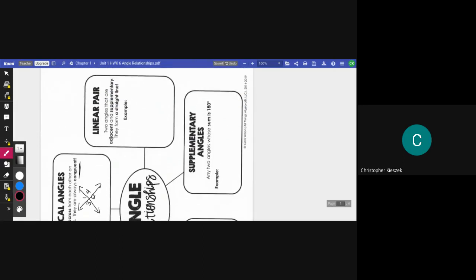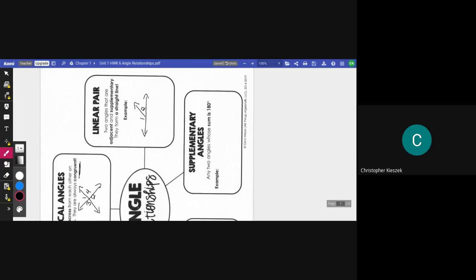All right, let's look at another example of a relationship. Linear pair. Linear pair are two angles that are both adjacent to each other and supplementary. They form a straight line. So the only possible example I can have is this, or I can have a little variations of it, but really, I need to have a straight line and these two angles right here.